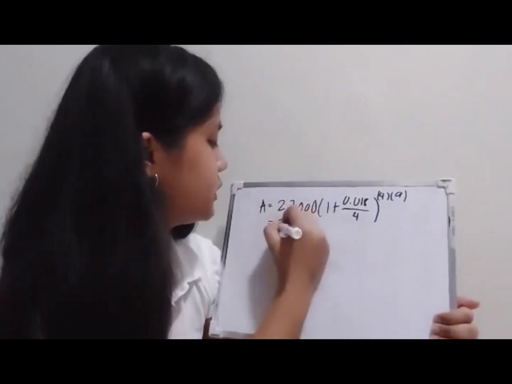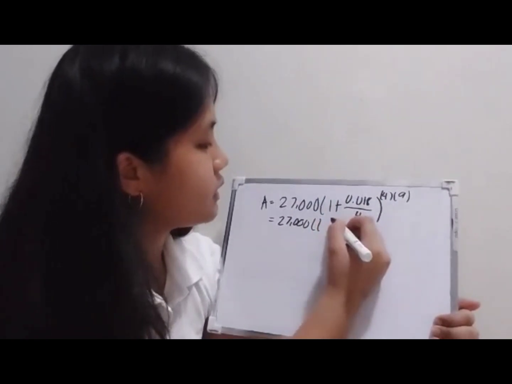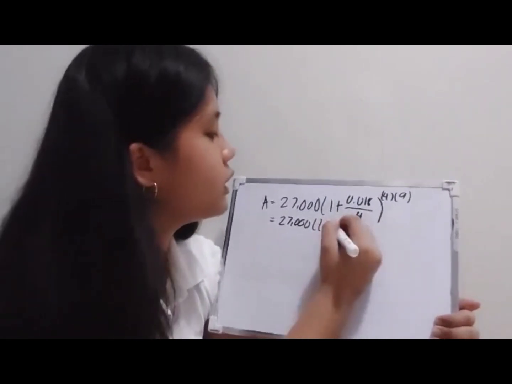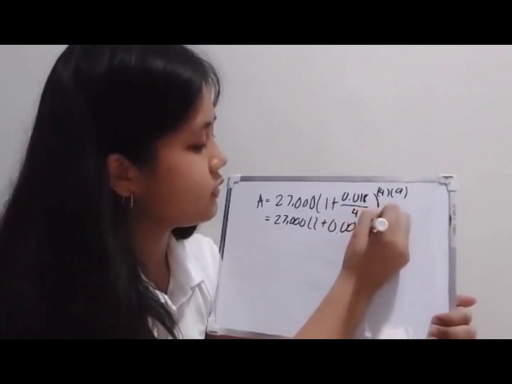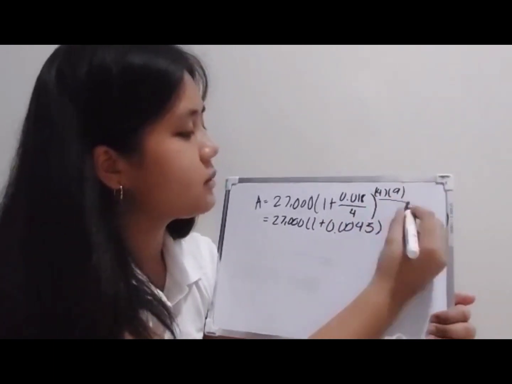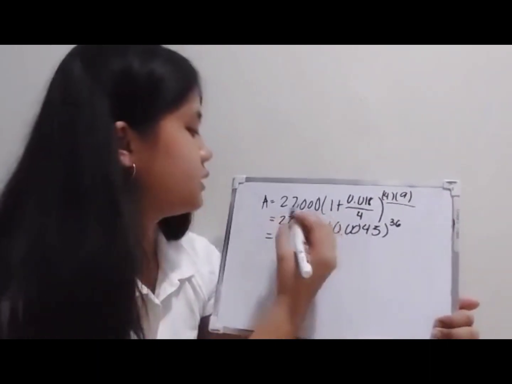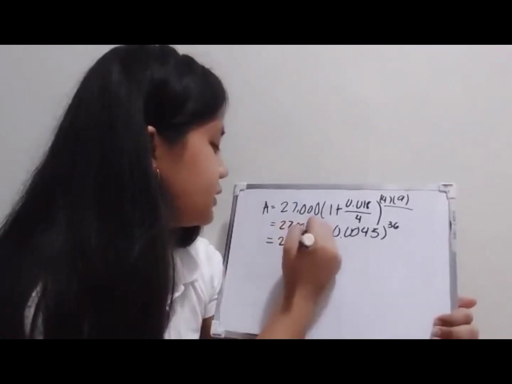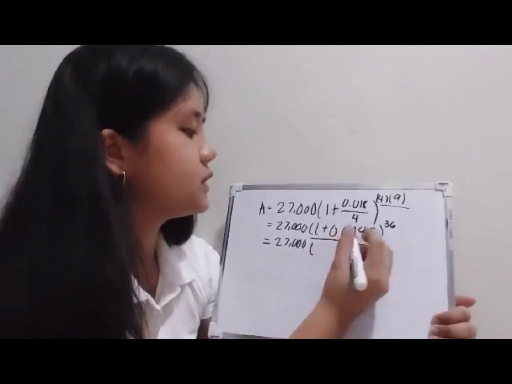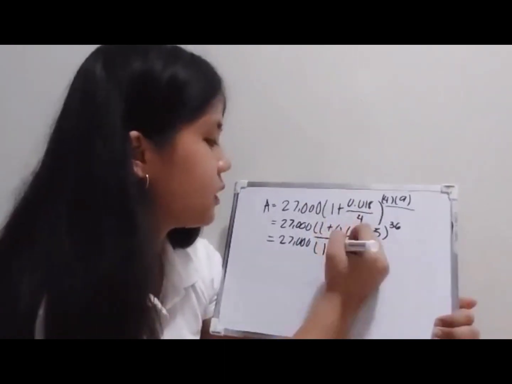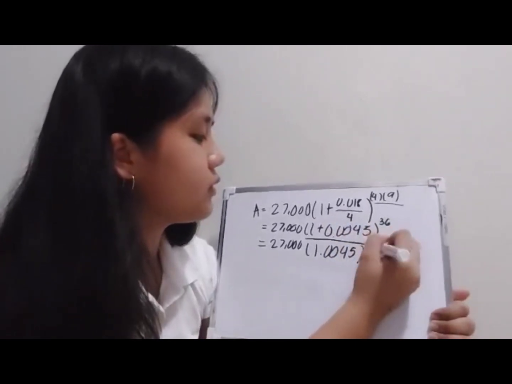That is equal to 27,000 times 1 plus 0.0045 raised to the power of 36. 1 plus 0.0045 is 1.0045 raised to the power of 36.